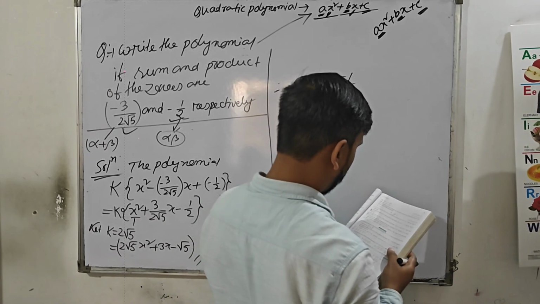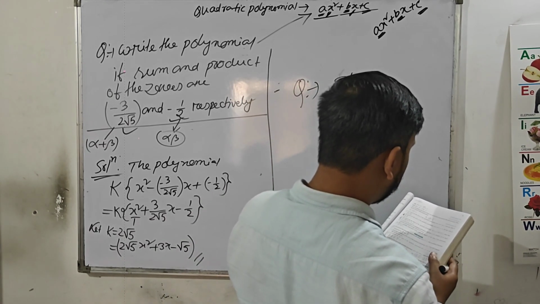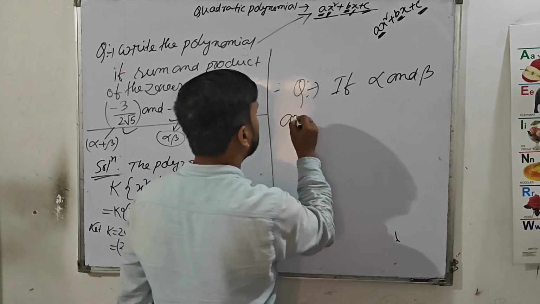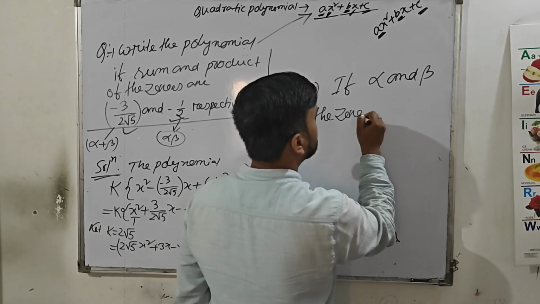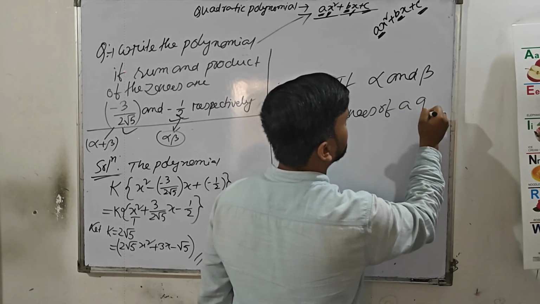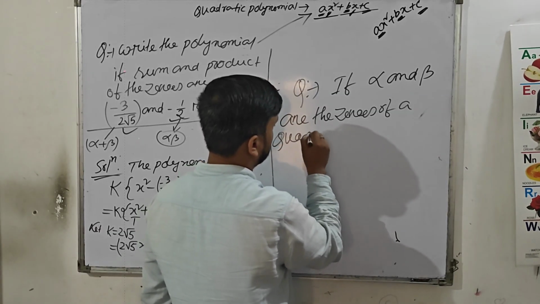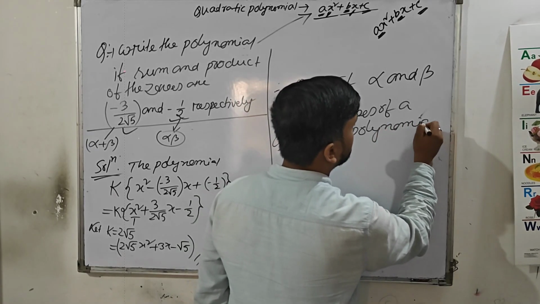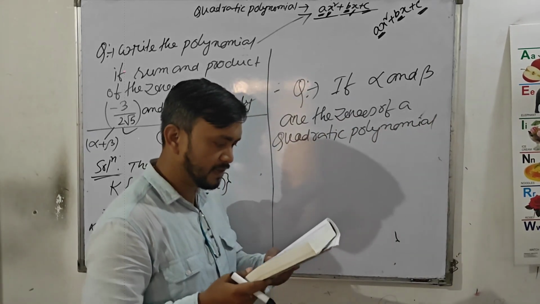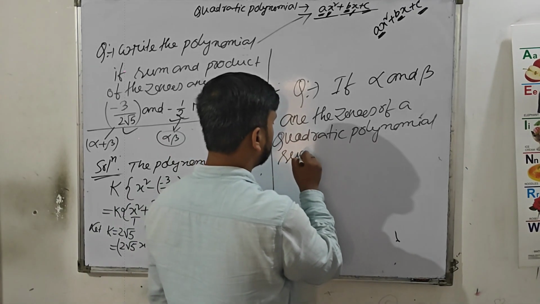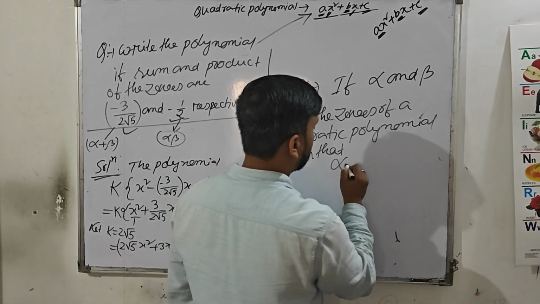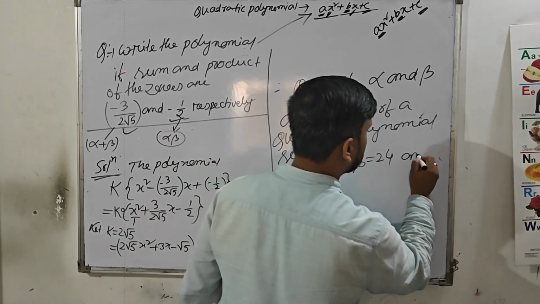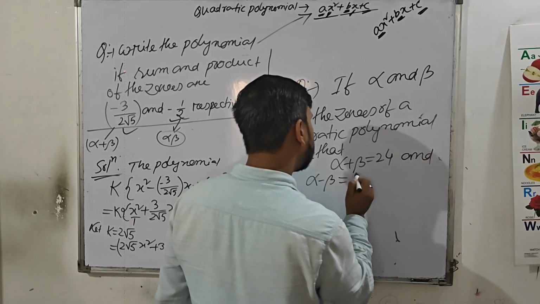If alpha and beta are the zeros of a quadratic polynomial such that alpha plus beta is equal to 24 and alpha minus beta is equal to 8.